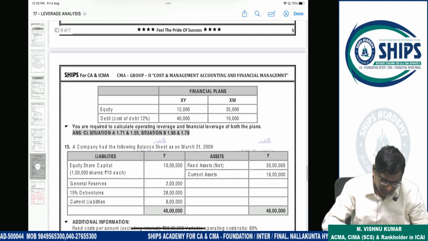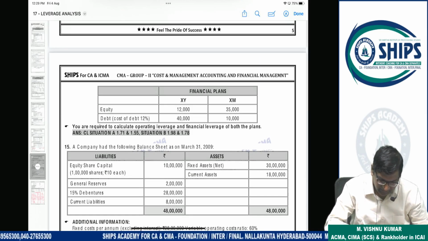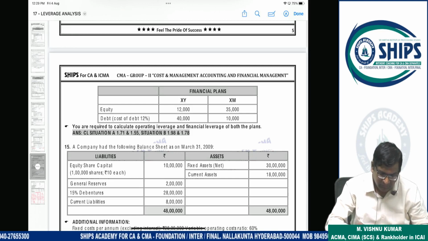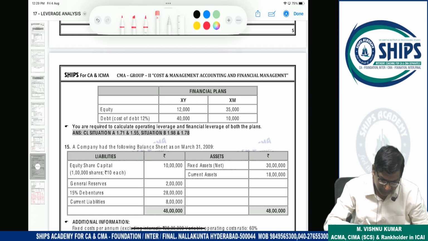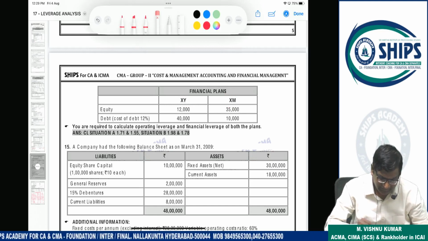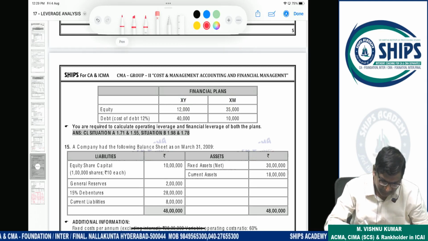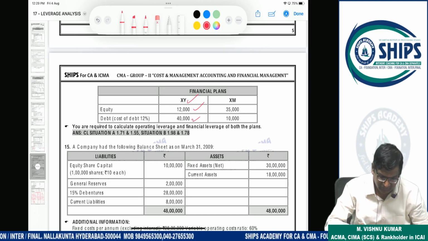Now capital structure is given, two financial plans. Financial plan XY, financial plan XM. This is not a company name. Suppose the company is interested to use financial plan XY, then equity 12,000, debt 40,000.